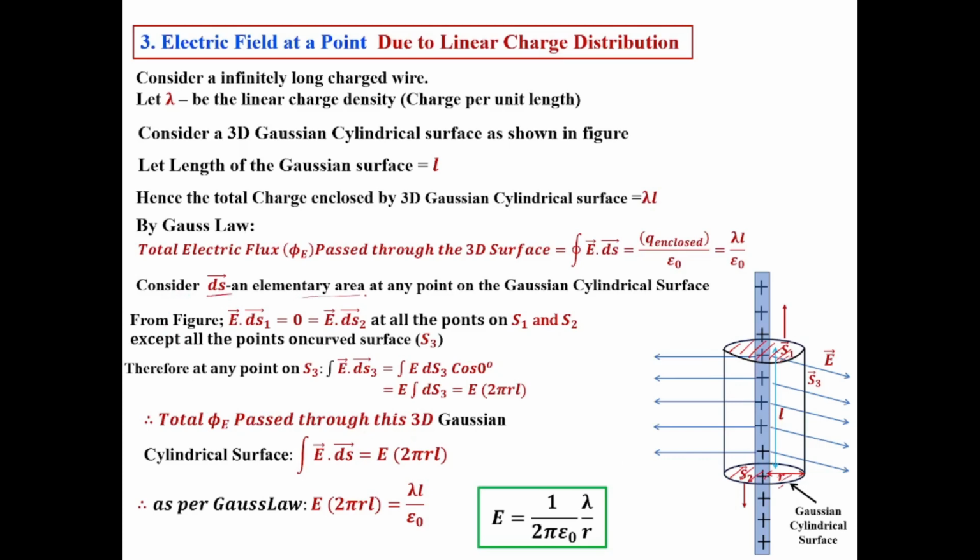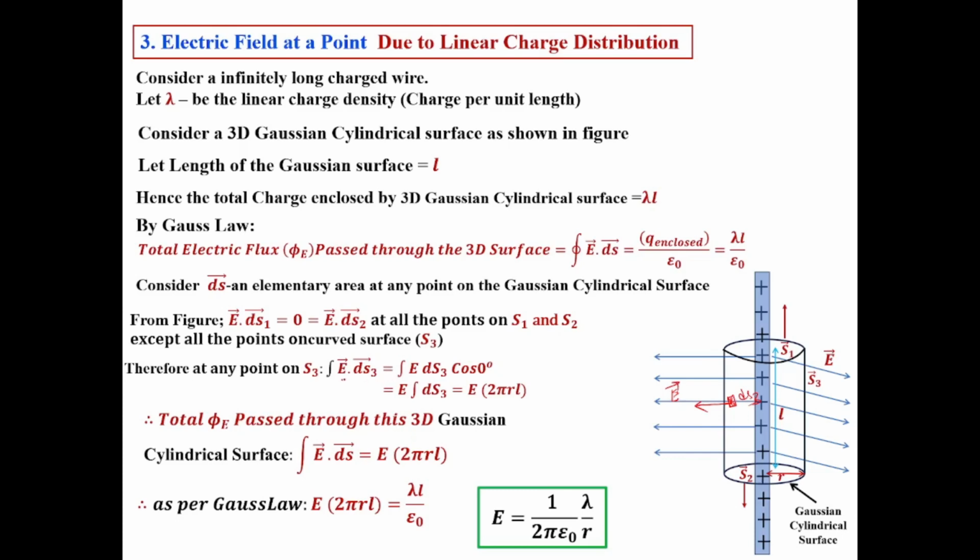Consider ds, an elementary area at any point on the Gaussian cylindrical surface. From the figure, E dot ds1 and E dot ds2 will be equal to 0 at all points on S1 and S2, except at points on the curved surface. On the curved surface, if we consider one elementary area ds3, then the ds3 direction and the E direction are both along one direction.